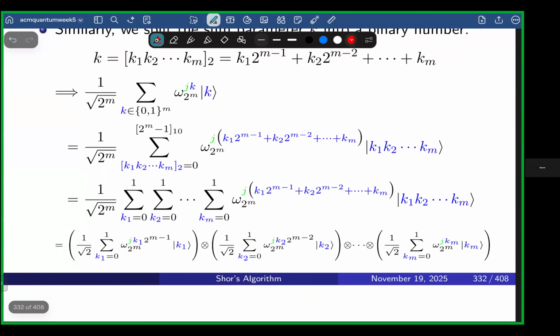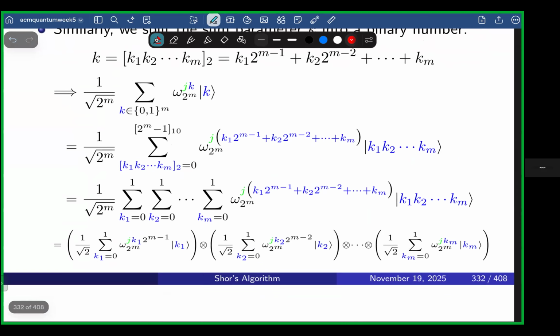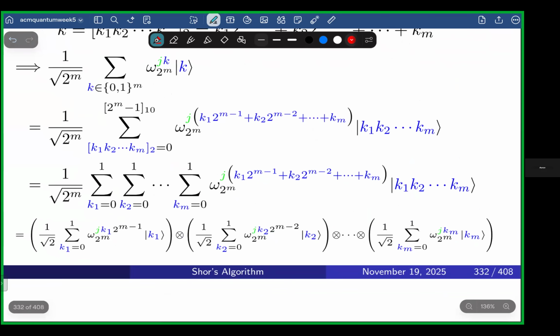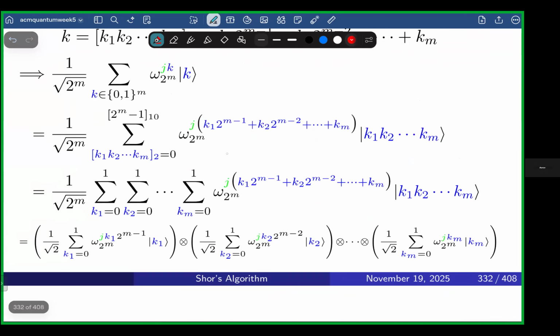Okay. Now we're going to use the exponent property. It was so small I had to decrease the size. If you have omega to the a plus b, it would be omega to the a times omega to the b. So all we're doing is taking these factors and putting them into their respective sums, because this has a k1 in it, so we want it to go into the k1 sum. We're just conveniently separating it.